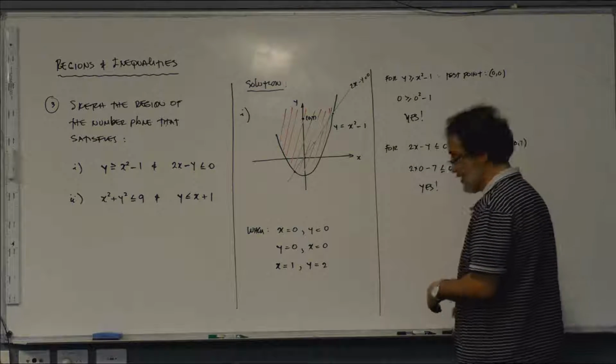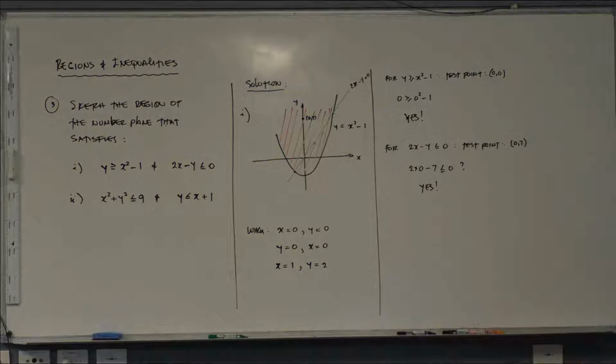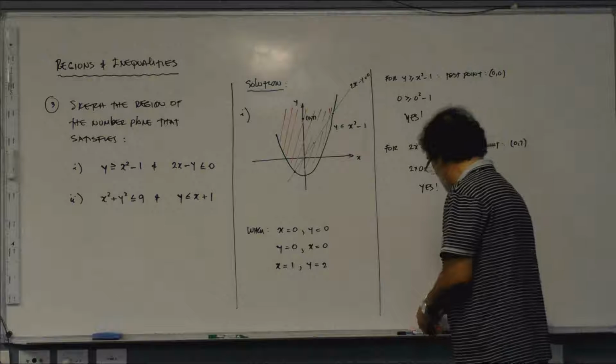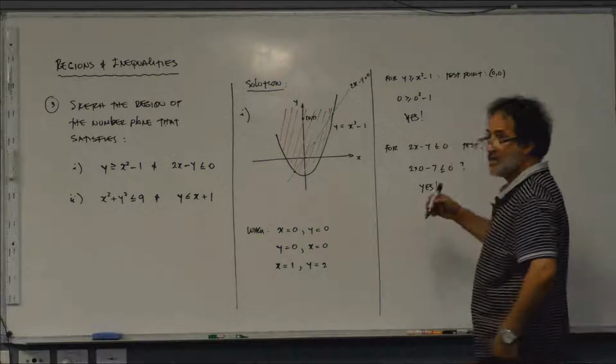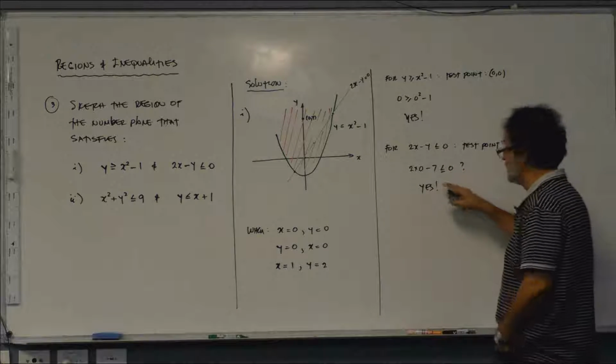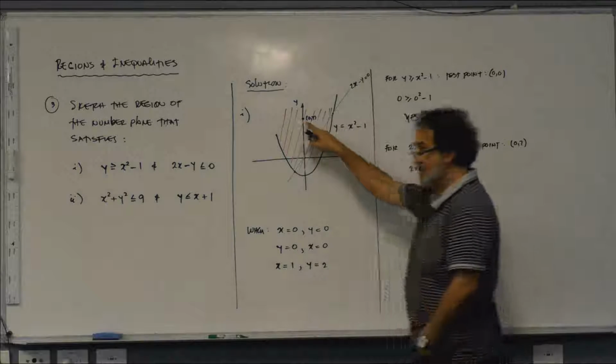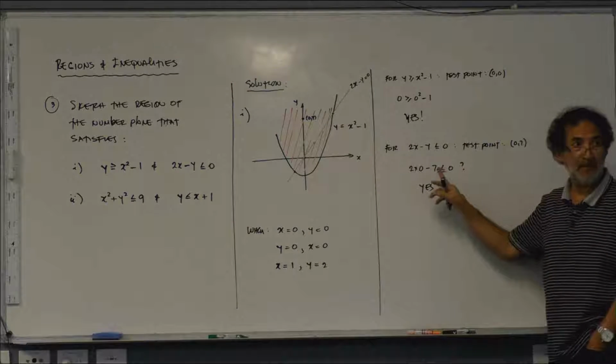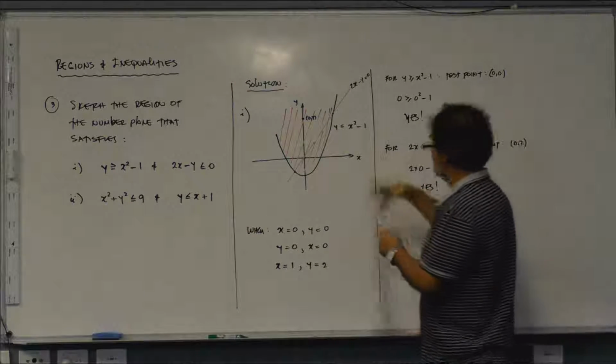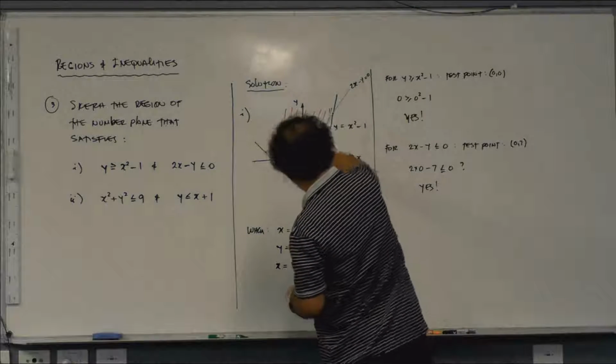Okay, so let me see if I have another color. Anyway, so we need to shade, pay attention, can you say that this point satisfies this inequality? Okay, so that means that for the line, we need to shade all this.